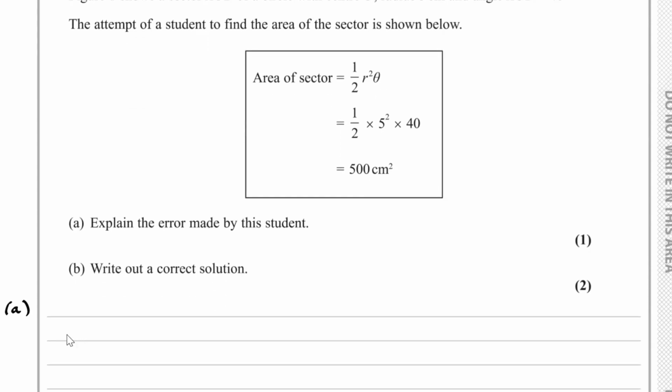So for Part A, theta should be in radians. Okay, now for Part B, we have to write out a correct solution. Well, indeed, we still use this formula, but we have to convert the 40 degrees into radians.